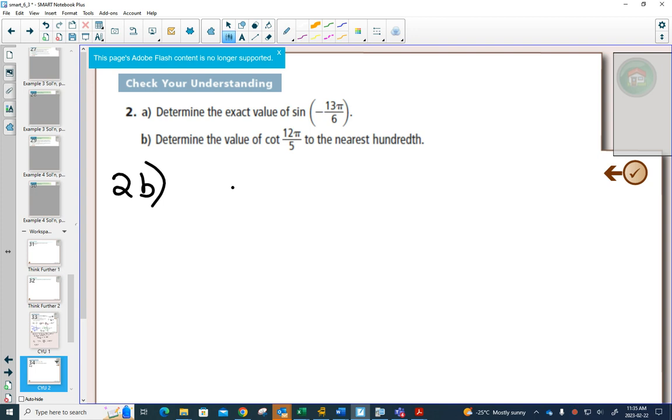And 2b is interesting for a couple of things. First of all, there's no degree sign, so the 12 pi over 5 is in radians. First thing you have to learn is how to change your calculator from radians to degrees.